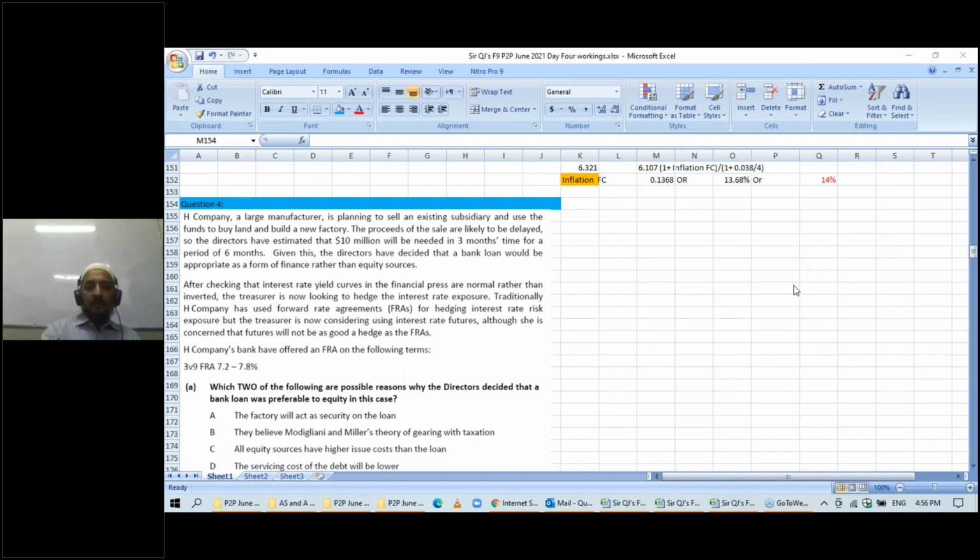If two spot rates are given, one will be the current rate and one will be the future rate. So the spot rate to be used on the right hand side is the current spot rate, and to be used on the left hand side is the future spot rate or the forward rate, right?